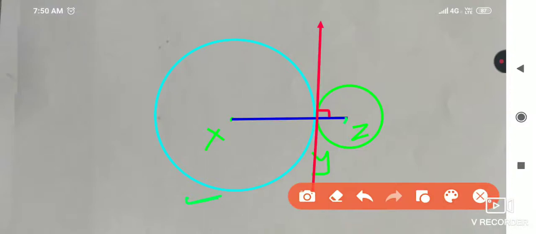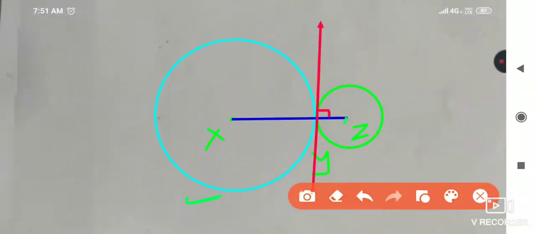What is the meaning of externally touching circles? These touching circles are lying in one plane, meaning they are coplanar, and they intersect each other at only one point. So this is called a touching circle.